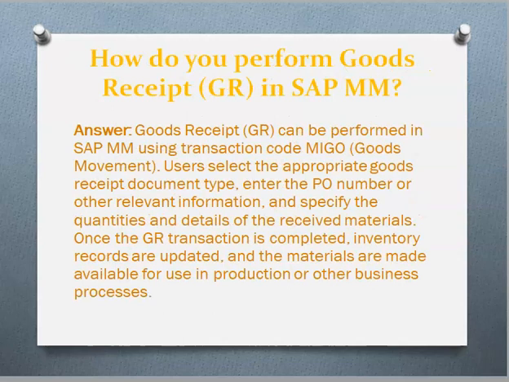How do you perform goods receipt in SAP MM? Answer: Goods receipt can be performed in SAP MM using transaction code MIGO, goods movement. The user selects the appropriate goods receipt document type, enters the PO number or other relevant information, and specifies the quantities and details of the received materials.